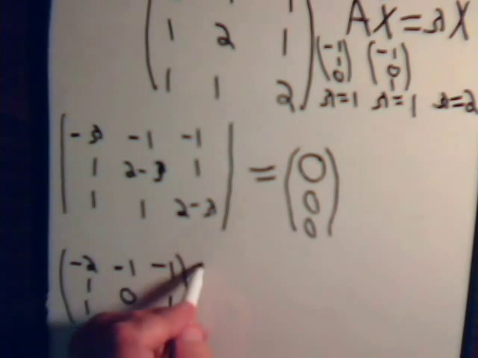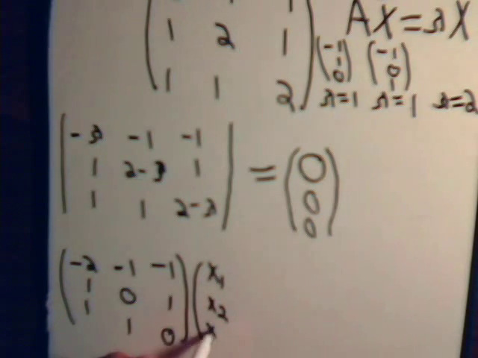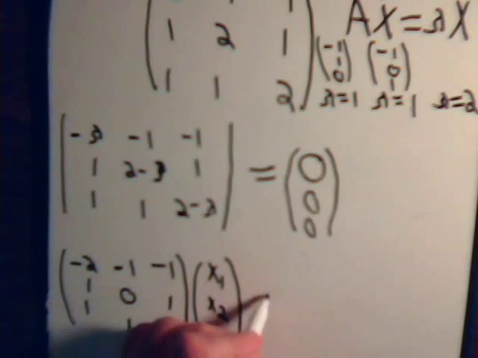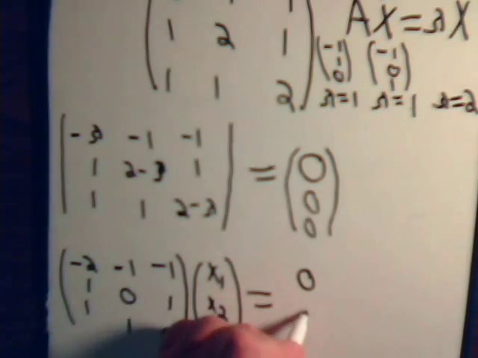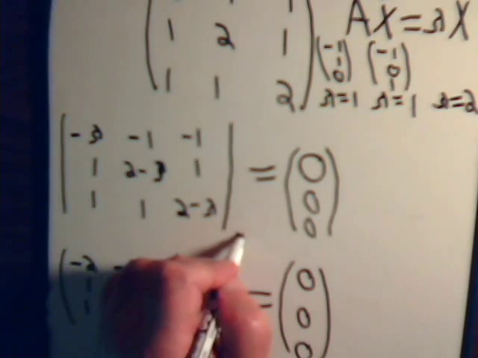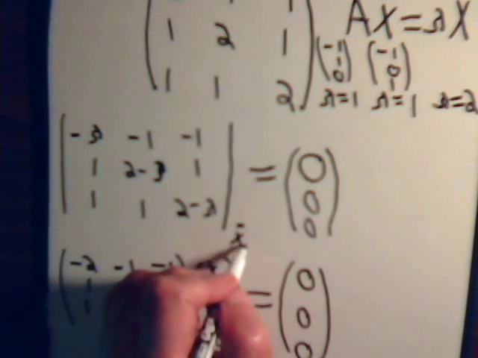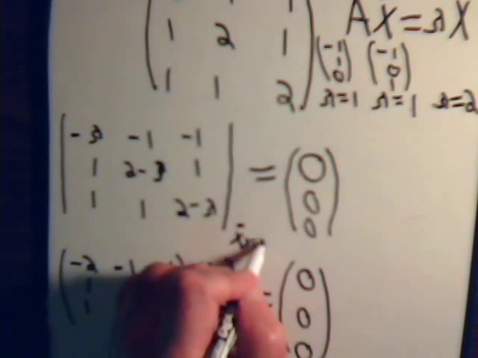Putting lambda equal to 2 here, then this times this is now our eigenvector associated with lambda equal 2.